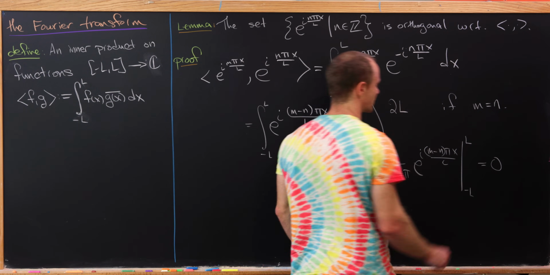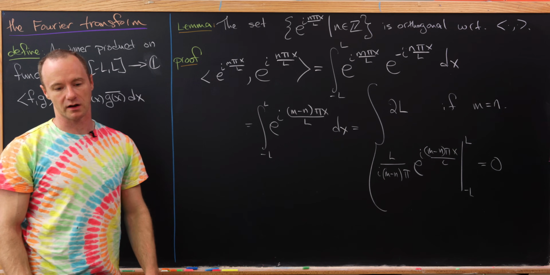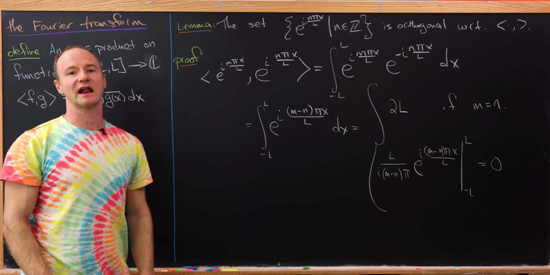So here I get 0, and this is exactly what it takes for this set to be orthogonal.